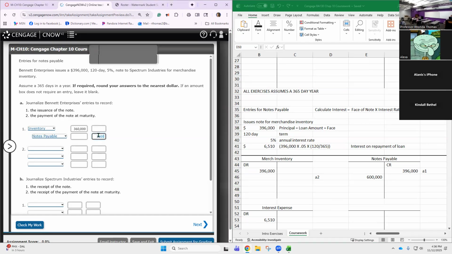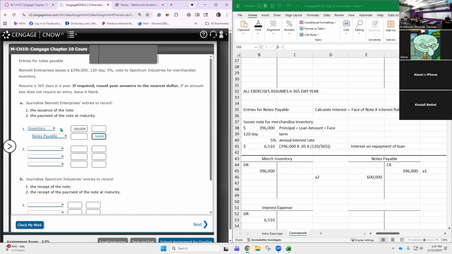And instead of having to pay that within 30 days, they've worked out a note payable with Spectrum so that they can take a little longer. When you take a little longer paying something, sometimes interest comes into the picture, and that's what's happening.